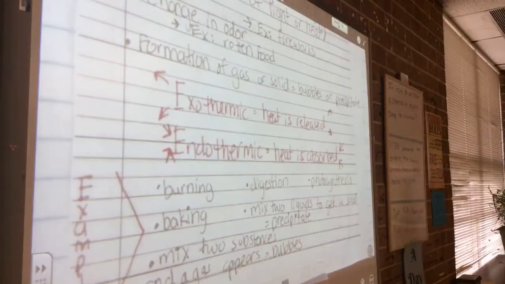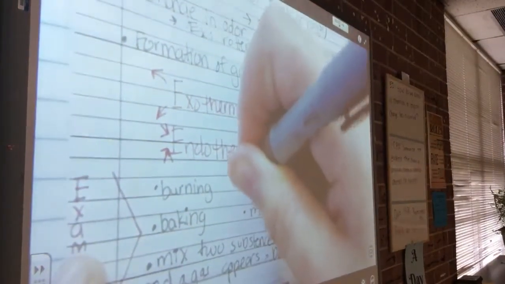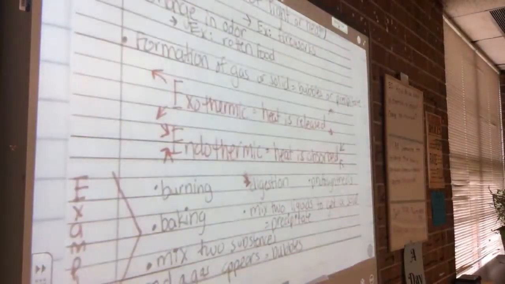Digestion. And let me put an asterisk next to this, because this is not just a chemical reaction. When you think of digestion, what part of the body are you thinking about? Your stomach.